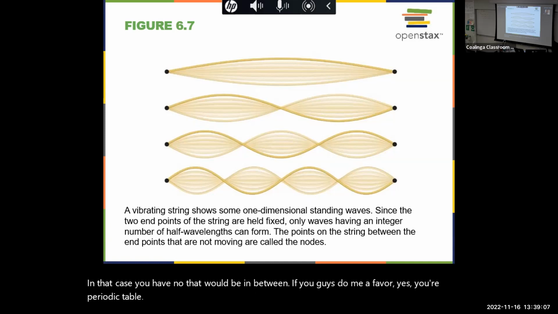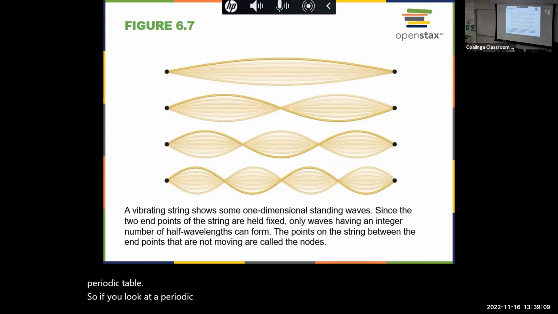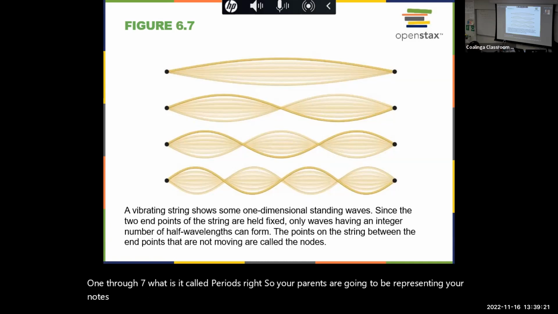Okay. So on the side of the periodic table, the numbers on the side, 1 to 7, what are they called? Periods, right? So your periods are going to be representing your numbers, right? Period 1 is going to be your first number. Period 2 is going to be your second number. Period 3 is going to be your third number.